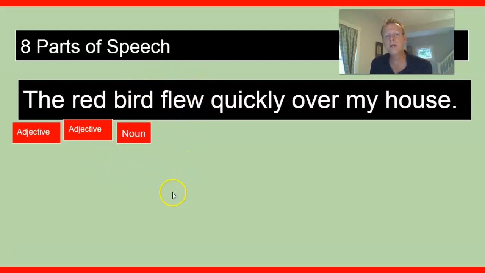Flew. What do you think flew is? Flew is, or fly, caw, caw. It's an action. What is an action? It's a verb, okay? Quickly. The bird flew quickly. How did the bird fly? Quickly. Here's another thing to remember. Whenever you have an ly word, it's almost always an adverb, okay?